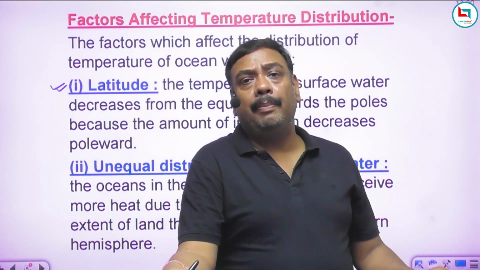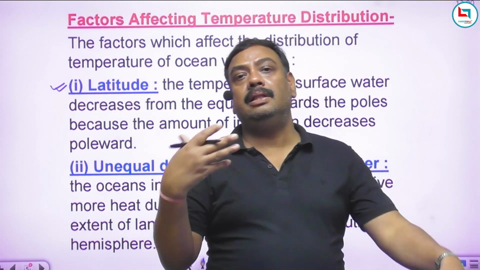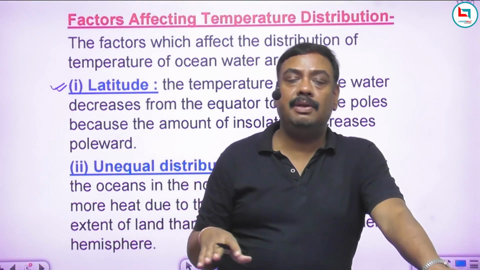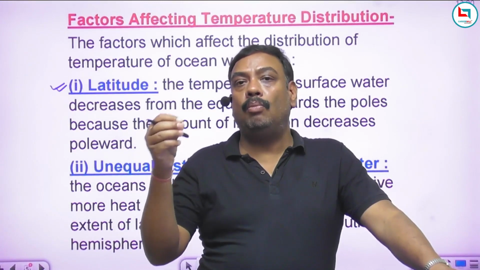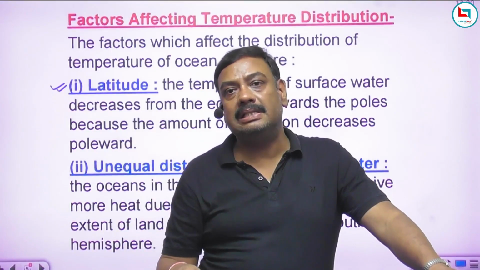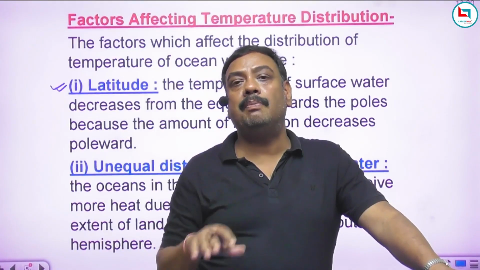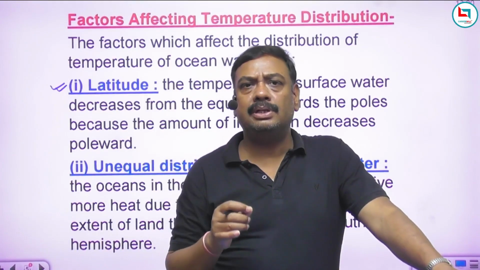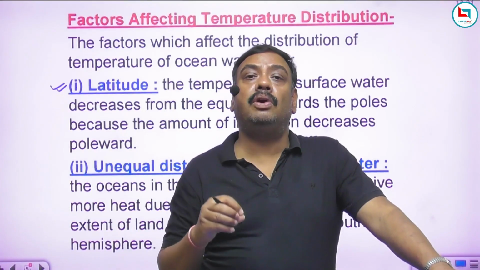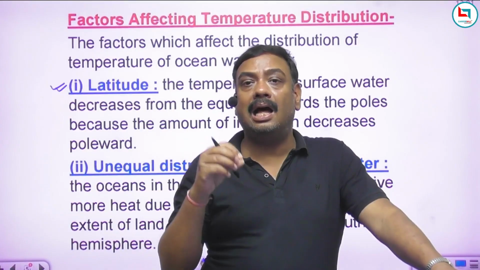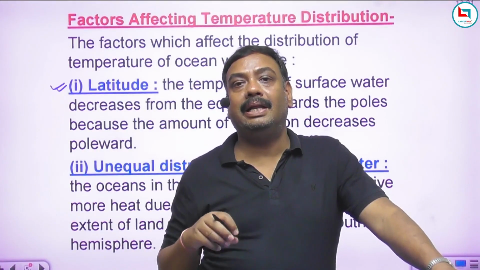So if we compare the temperature of the ocean water in the northern hemisphere as well as in the southern hemisphere, we can see that due to the transfer of some more amount of heat from the land surface in the northern hemisphere, the average temperature of the ocean water in the northern hemisphere is a little more than the average temperature of the ocean water in the southern hemisphere.